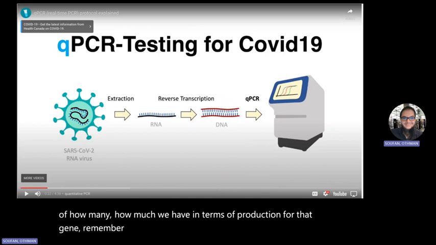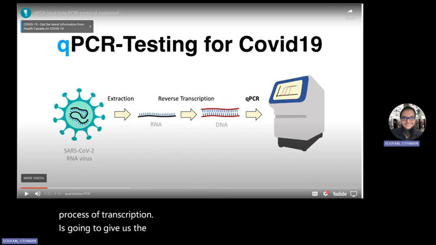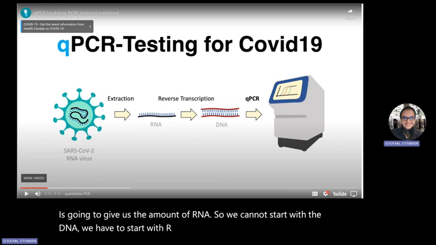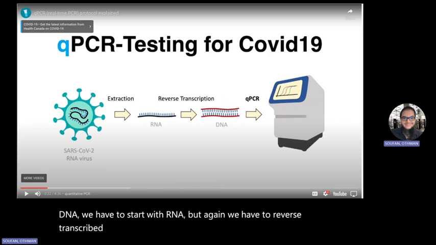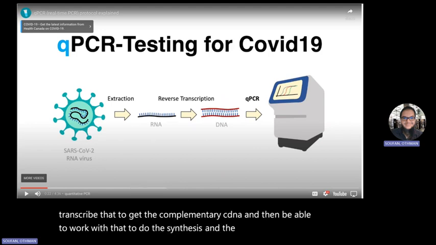Remember, we have the same gene, but the process of transcription gives us the amount of RNA. So we cannot start with the DNA. We have to start with RNA. But again, we have to reverse transcribe that to get the complementary cDNA and then be able to work with that to do the synthesis and the different operations needed for PCR.